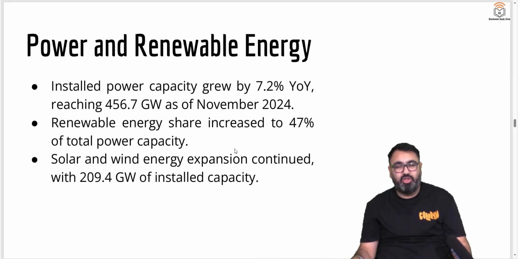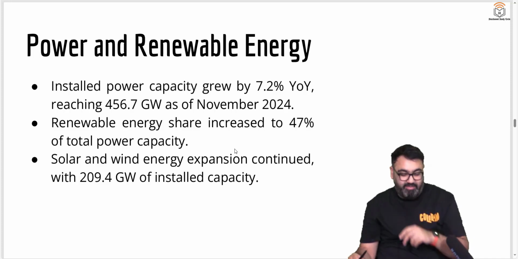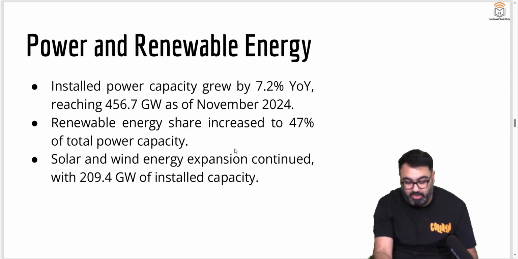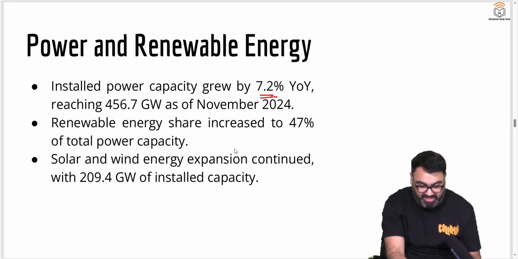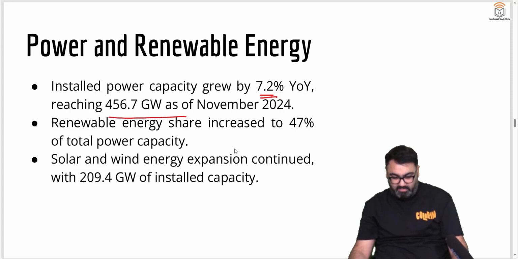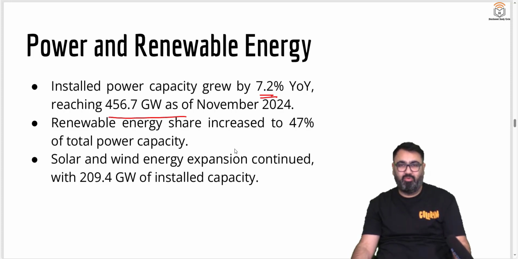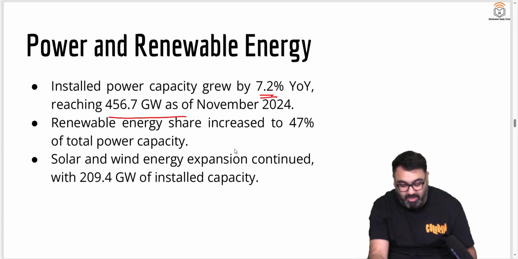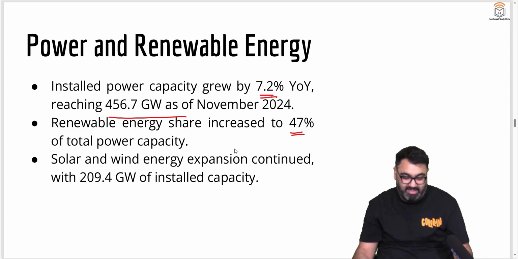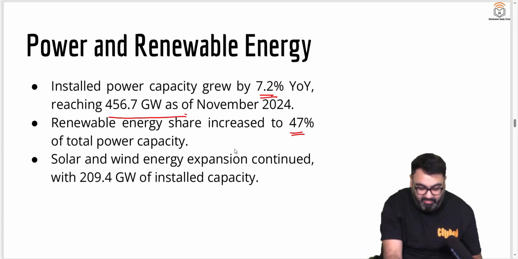In terms of power, renewable energy, this also has seen a drastic improvement. Economic Survey says that installed power capacity grew by 7.2% year on year, and it has reached about 456.7 gigawatts, which is also a good sign; the government wants to achieve 500 gigawatts goal as soon as possible. Renewable energy increased 47% to total power capacity, which is again a very important number for the examination.